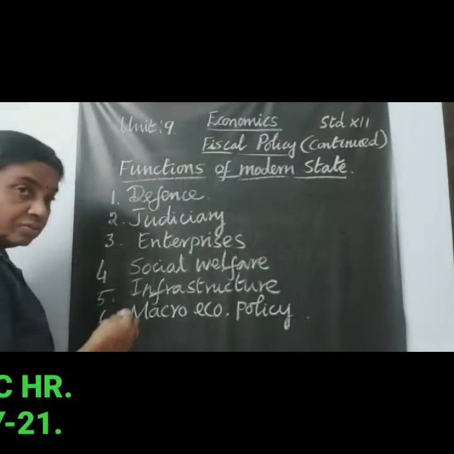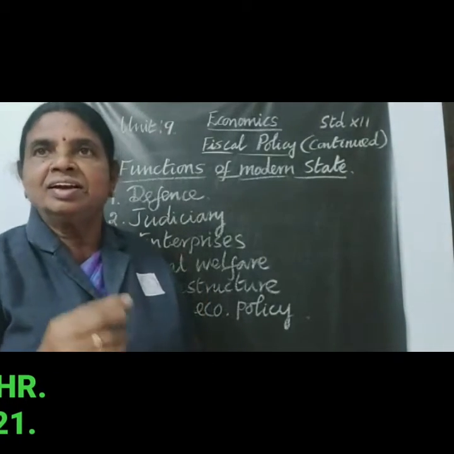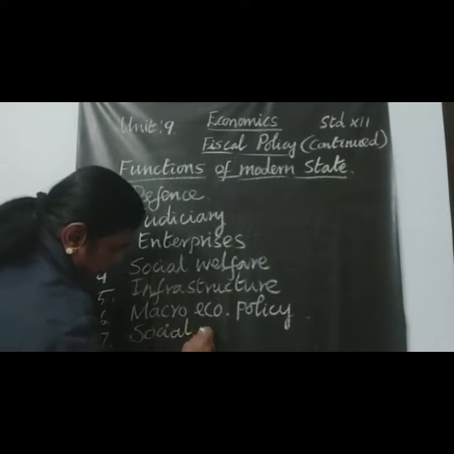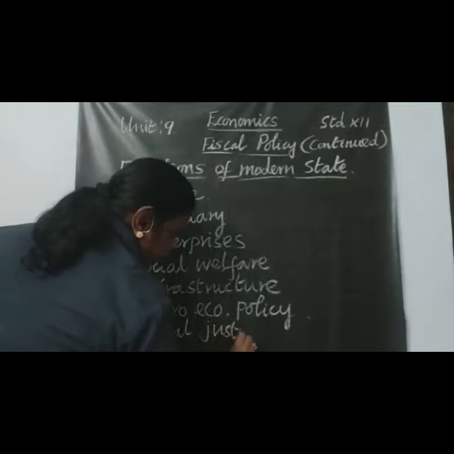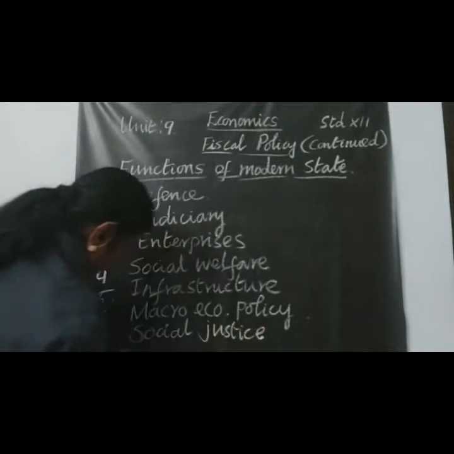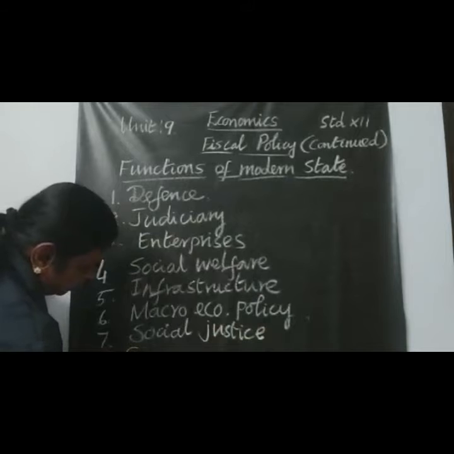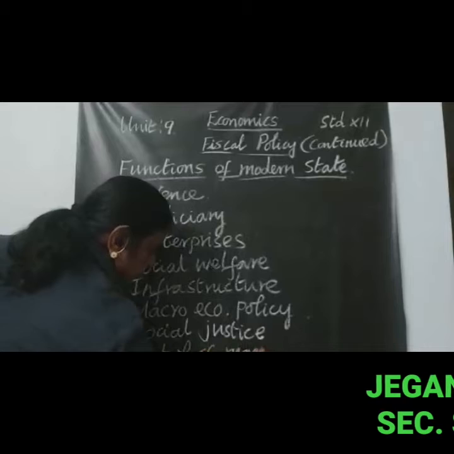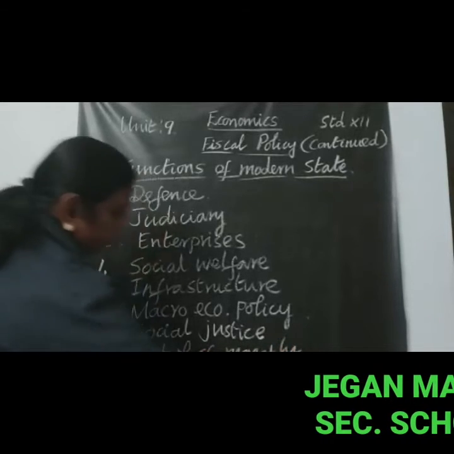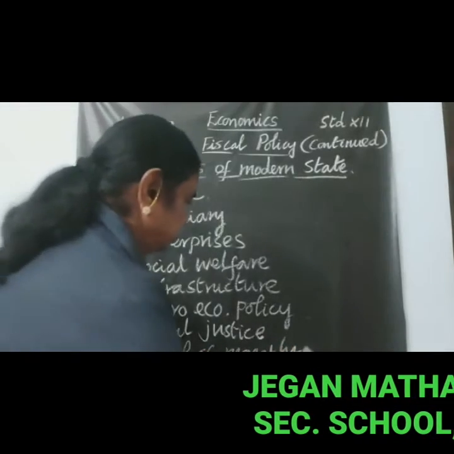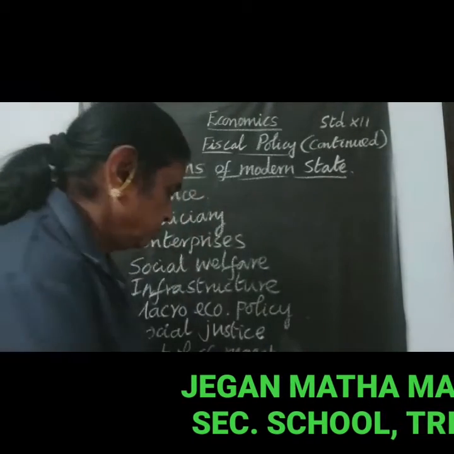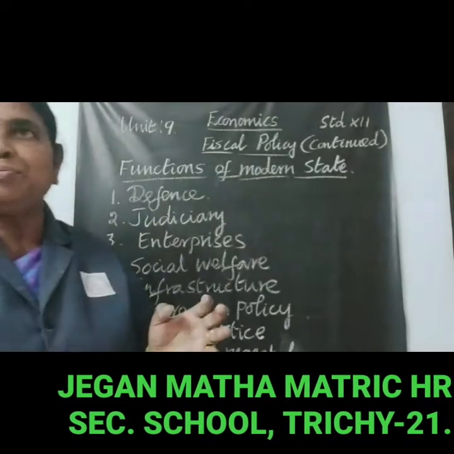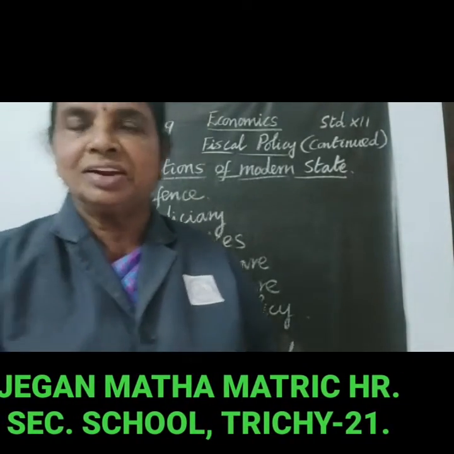Eighth one, control of monopoly. So, there are 8 important functions of modern states.